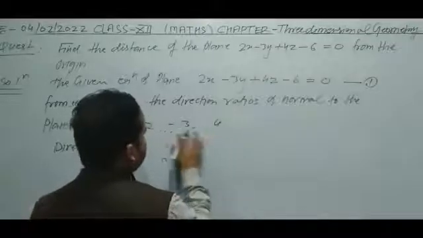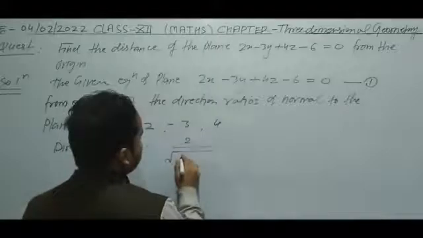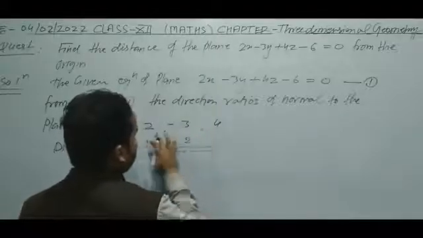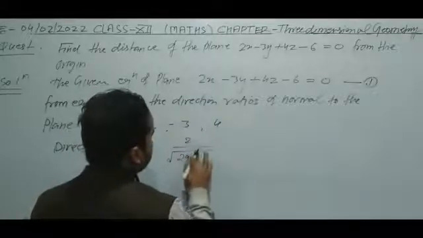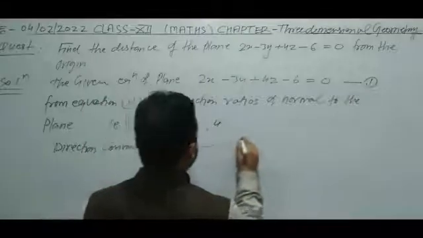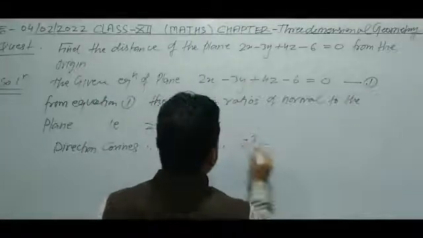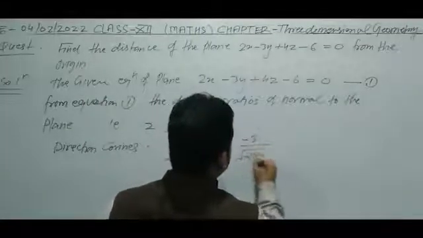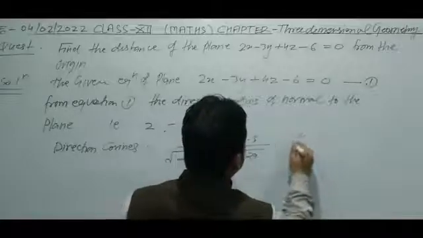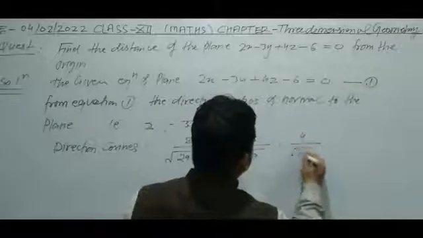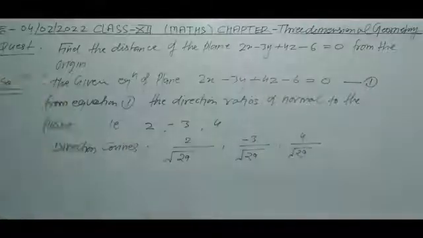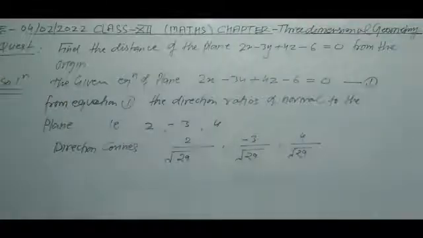So the result will be 16 plus 9 plus 4, that will be 29, so 2 upon root 29, minus 3 upon root 29 and 4 upon root 29. So these are the direction cosines.